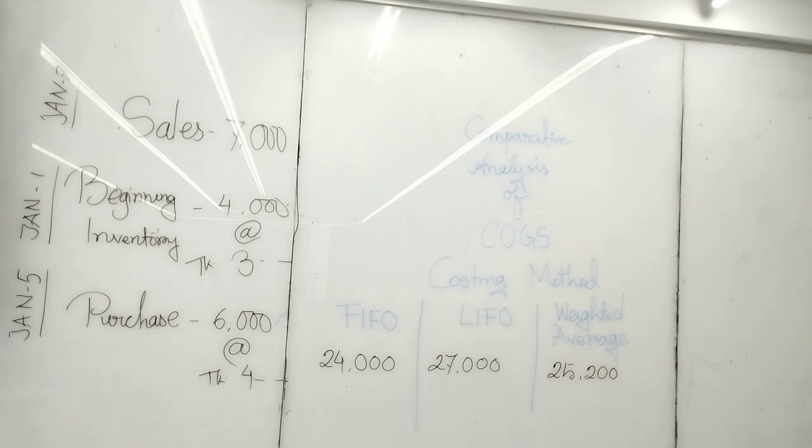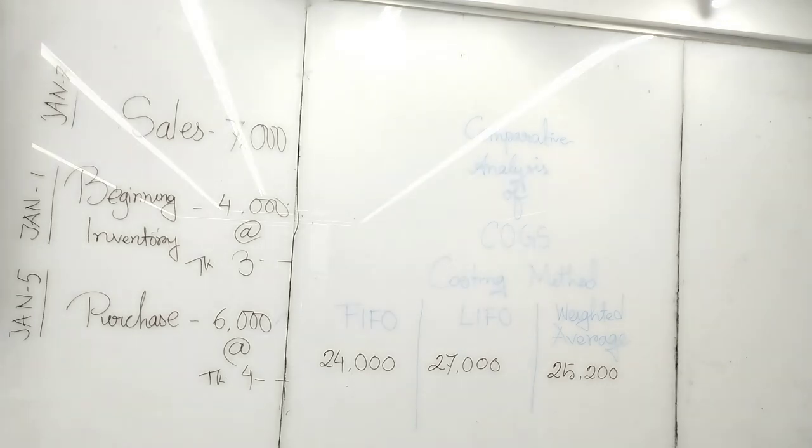So now what a company can do is select its own inventory costing method, but they have to give proper justification of why they have used the FIFO method or LIFO method or weighted average. They have to disclose that in the notes of the financial statements at the very end of the annual report, and they have to comply with the accounting standards regarding the inventory system.